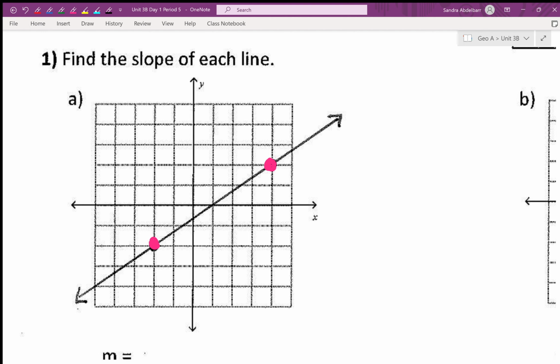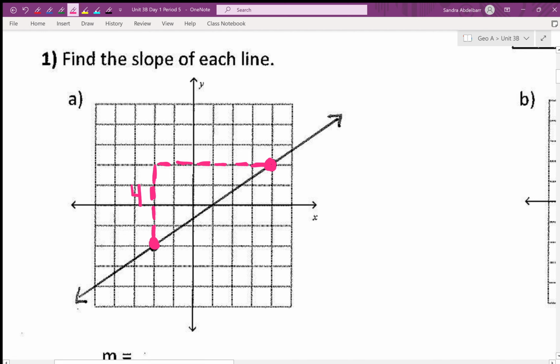So to get from one point to the other, I am rising 1, 2, 3, 4 units. Since I'm going up 4 units, is that a positive 4 or a negative 4? Positive 4. And then I'm running to the right 1, 2, 3, 4, 5, 6.